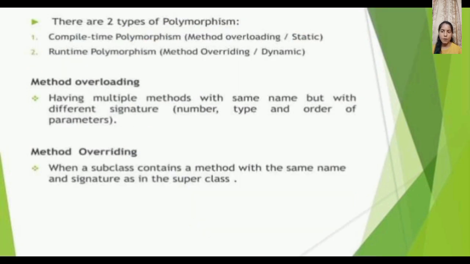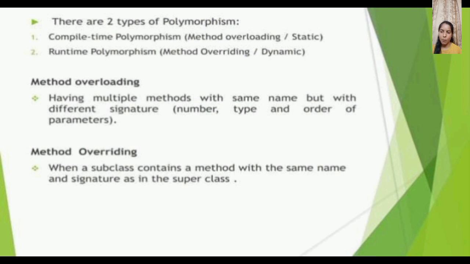There are two types of polymorphism: compile time polymorphism, or method overloading, or static; and runtime polymorphism, method overriding, or dynamic. Method overloading or compile time polymorphism: having multiple methods with the same name but with different signatures, that is number, type and order of the parameters.